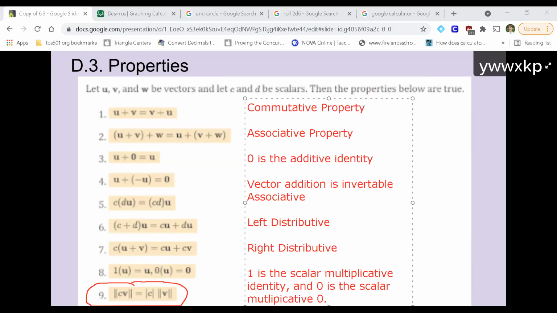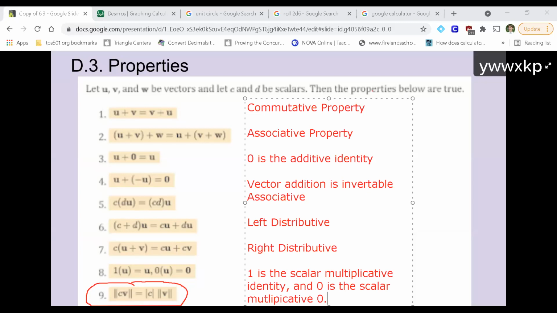But note that scalar multiplication is not invertible. I cannot take a vector and multiply it by something and get an answer of 1, because whenever you have a vector and you multiply it by something, the result is a vector, not a single number.